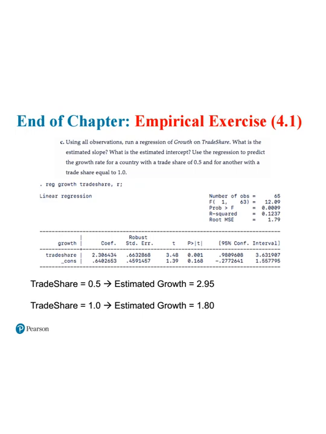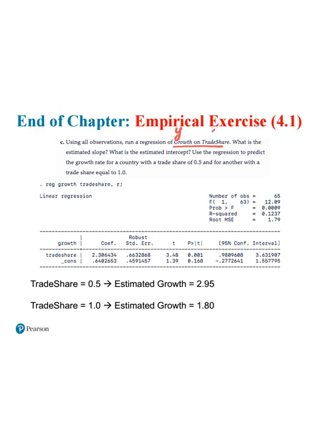All right, so having visualized the relationship in the scatter plot in the prior slide, now we can actually run a regression to estimate the causal impact of trade share on growth. All right, so in part C, it says using all observations, run a regression of growth on trade share. So growth is our dependent variable.